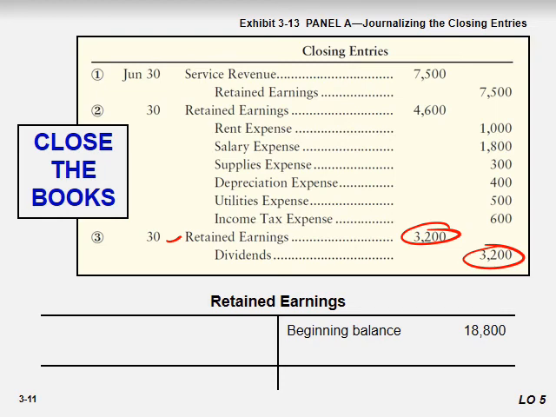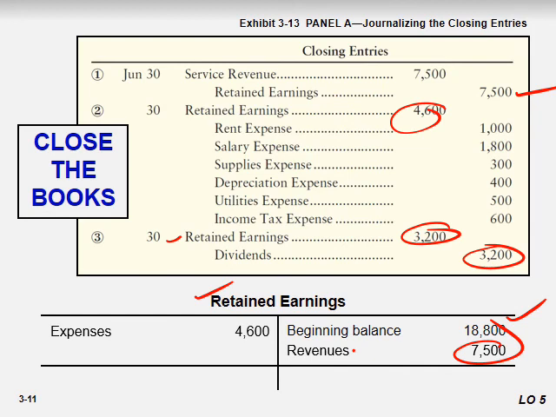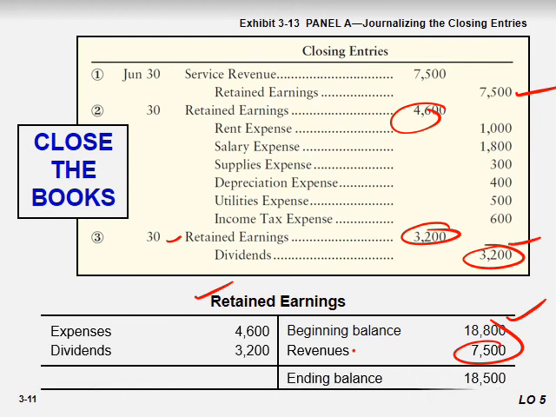So what is the balance here? The beginning balance of the retained earnings is 18,800, that is the previous beginning balance. So you see retained earnings is credited by 7,500 and then debited by 4,600 and then debited by 3,200.